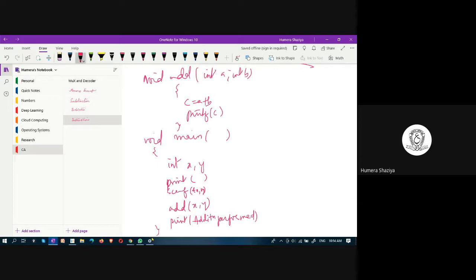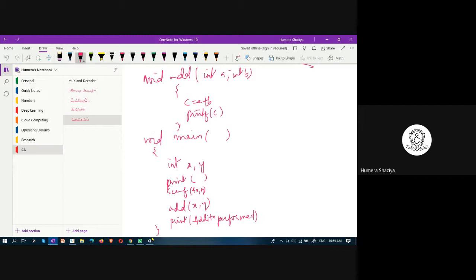Did you understand this program? Yes, ma'am. Now, when would this add function be executed? When we call it. At which place does the program begin its execution? Main function.